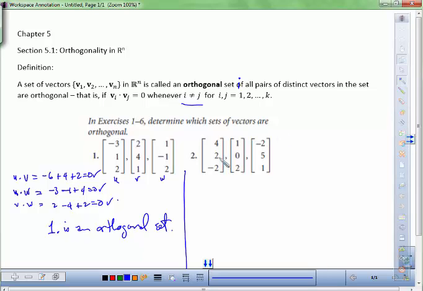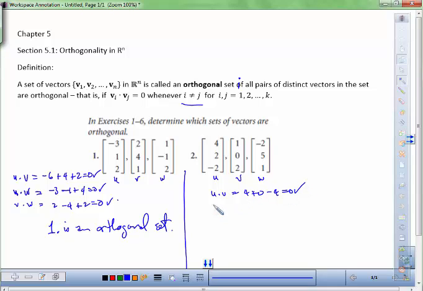And then we could do the same thing for this one. I wanted to do an example where it's not an orthogonal set, but it probably is. Let's try it. Again, we'll use u, v, and w. Those are easy vectors to remember. U dot v is 4 plus 0 minus 4. That's equal to 0.